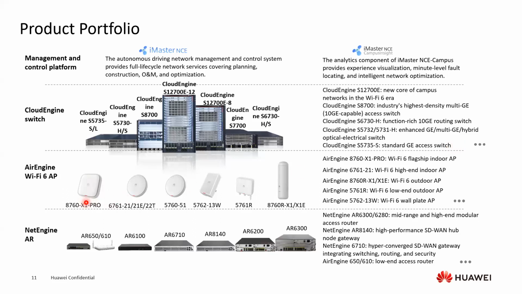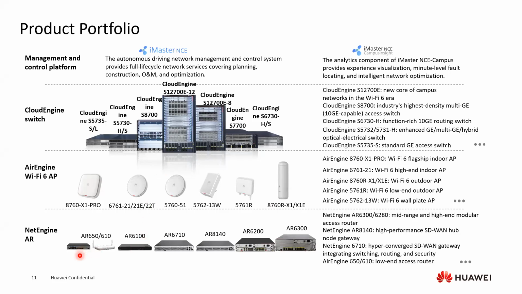We have a complete range of Wi-Fi 6 APs from 8700 to 5700, all the way down to the hospitality APs, for example 5762.13W. And then we have outdoor APs as well. Most of them, let's say 8760, 6761, have a built-in slot for an IoT module, where you can plug in your Zigbee or other IoT modules, and that gives you a converged network instead of managing a few separate networks.